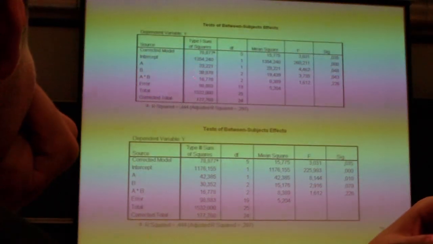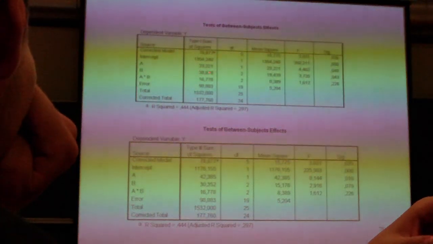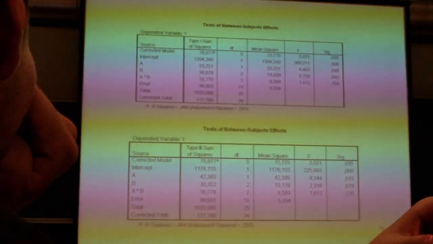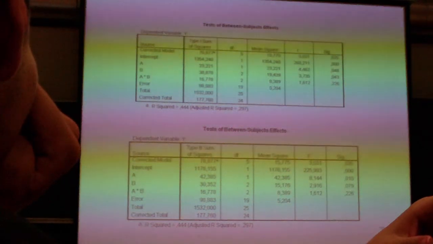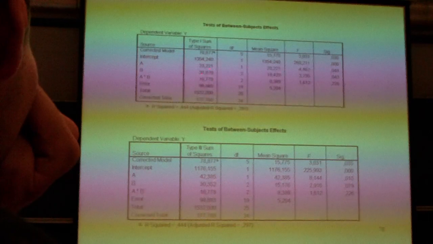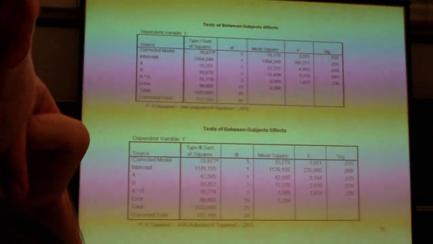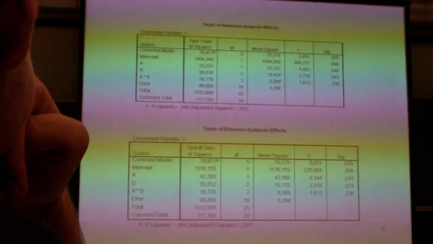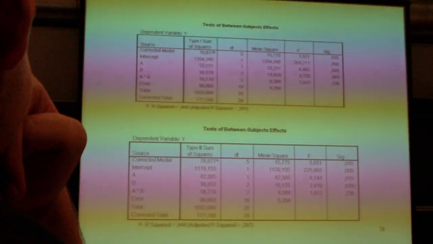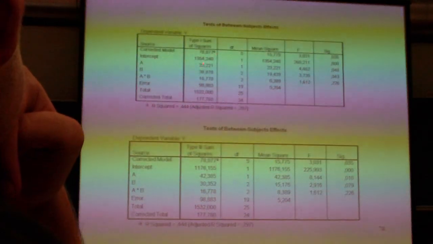However, when computing the sum of squares, or the variation that we can ascribe to the main effect of B, we do correct for overlap with A. So A is given all the cake that it can be given, but B is only given that part of the variation that does not overlap with A. So it's corrected for overlap with A, but A is not corrected for overlap with B. Somehow we consider A to be more important than B. And the main effects are also not corrected for overlap with the interaction effect.